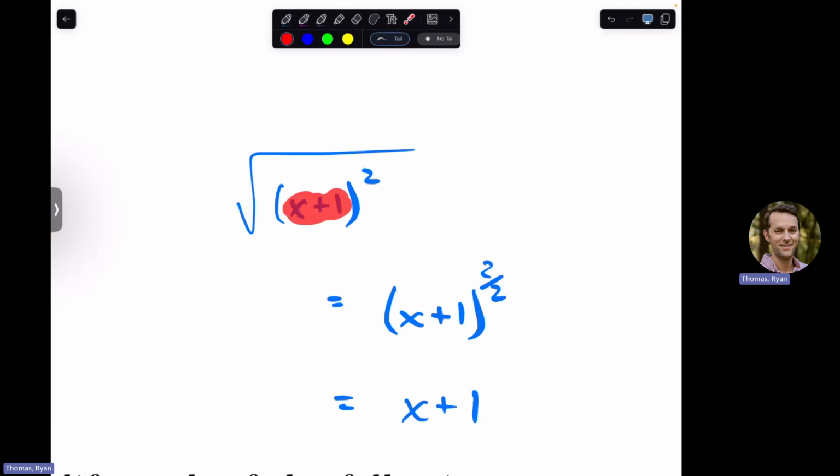Because what you're doing there is taking the square root of a square. Those are opposite or inverse operations with a little bit of a catch about being careful about stuff, but those would cancel, those would reduce, and you'd end up with just x plus 1.